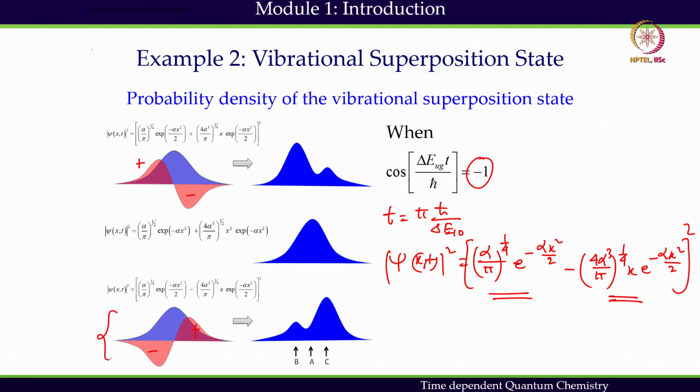These two need to be added now, and if we add them, then clearly this portion of the wave function will be magnified, and this portion will be destructively interfering, and that's why the maximum density has moved to the position C.